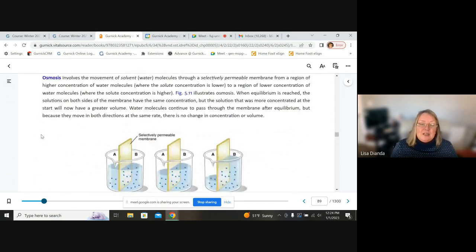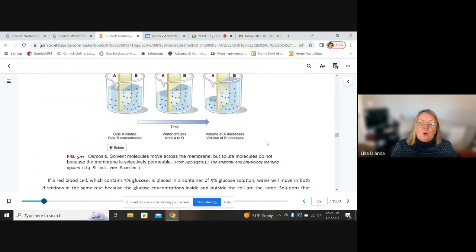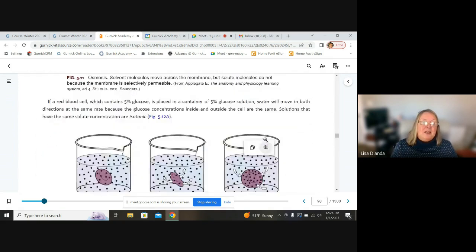Osmosis is different. It's a movement of selective permeable things, right? So only certain cells can get through whatever the barrier is, right? So they will be pulled through, right? Pulled through. So osmosis would pull them through from A to B.